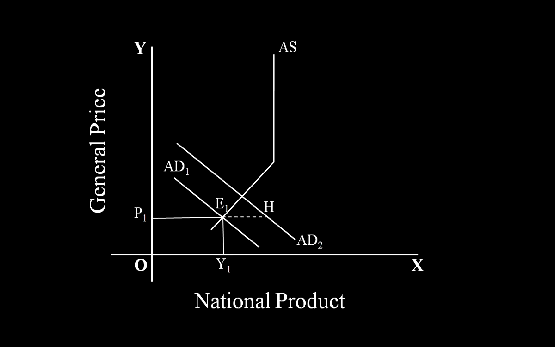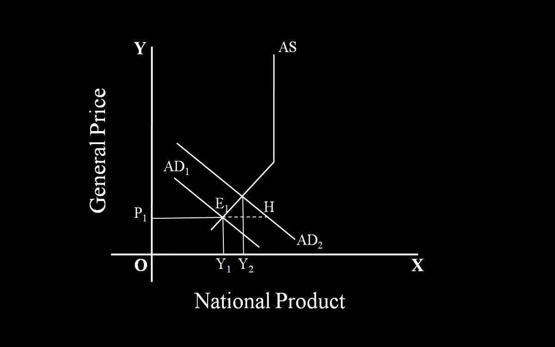The community is willing to buy P1H at P1 price. As the resources are fully employed, the existing productive capacity is intensively used and the national output is increased only by Y2.